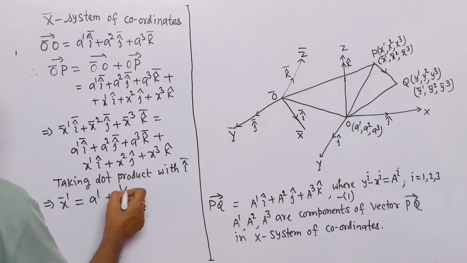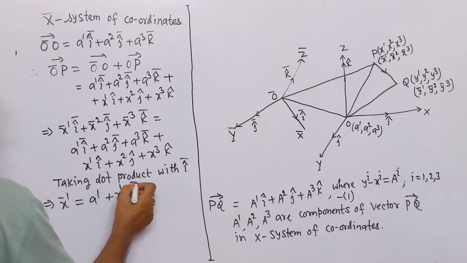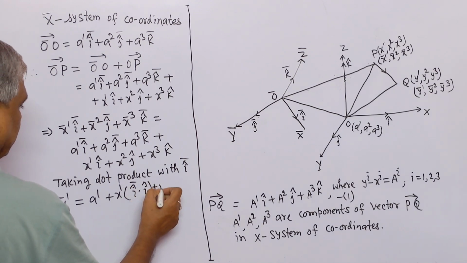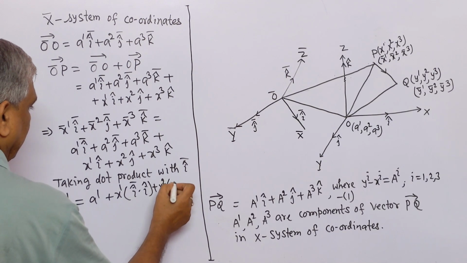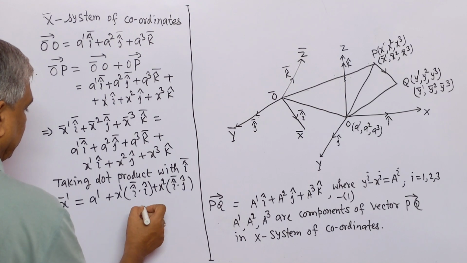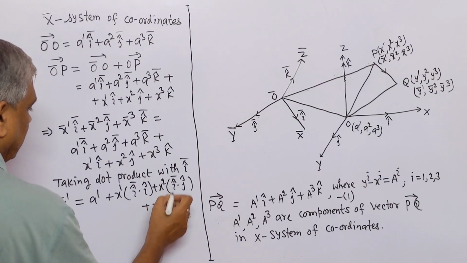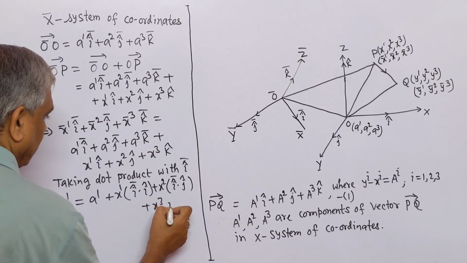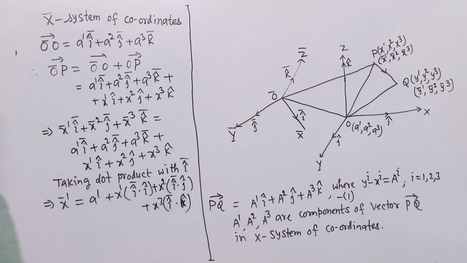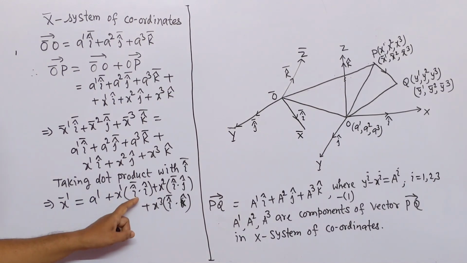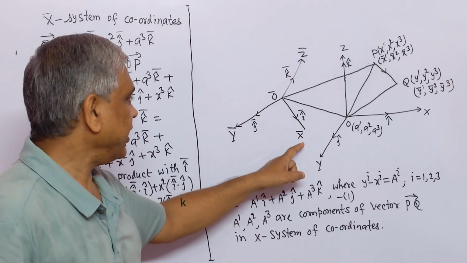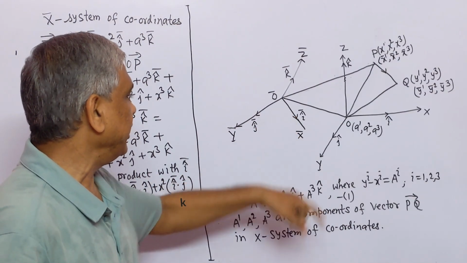x1 I cap bar dot I cap plus x2 I cap bar dot j cap plus x3 I cap bar dot j cap. Let the direction cosines of x bar axis be L1, M1, N1.